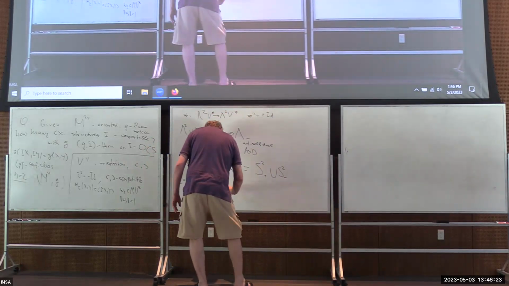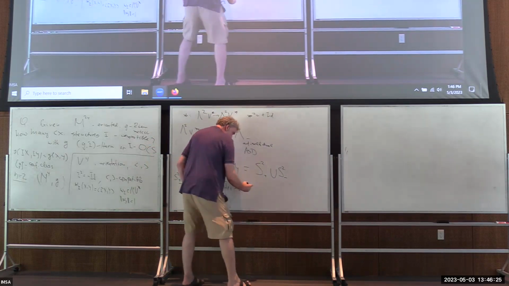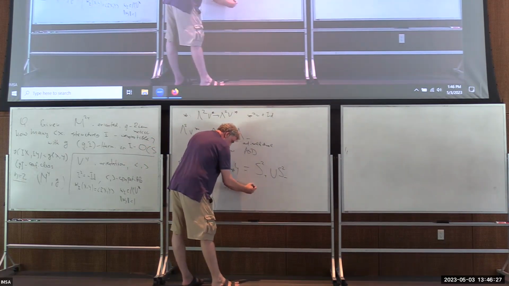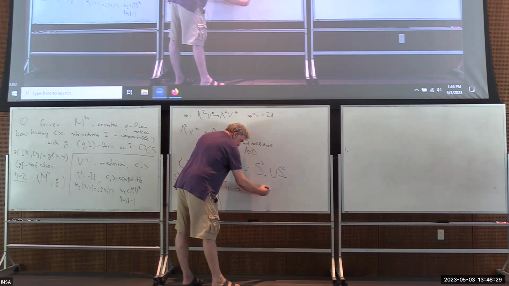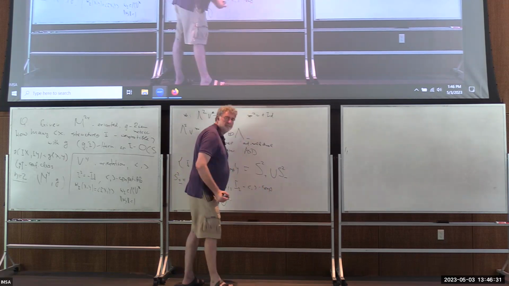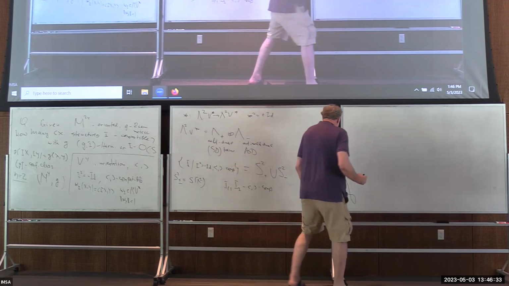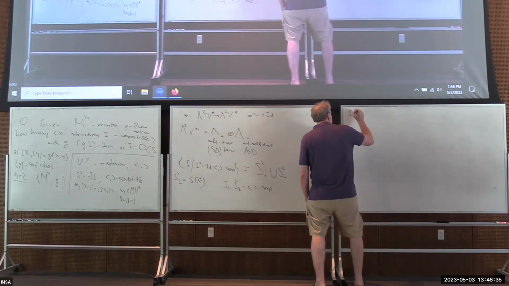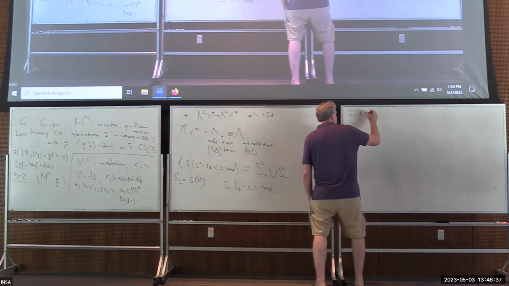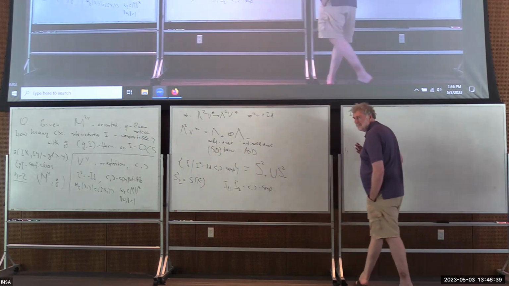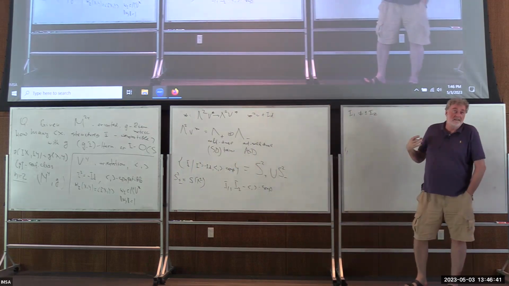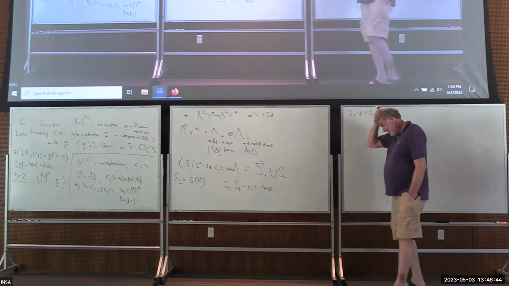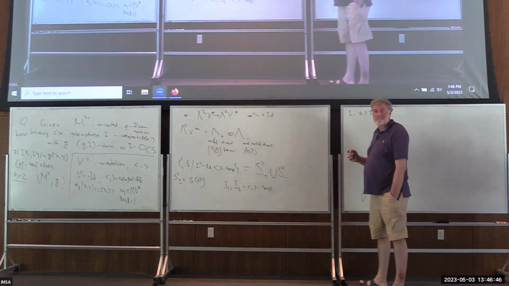So suppose that we have 2 compatible complex structures. And assume that they are not a cosine, because otherwise it's going to be trivial. Then we have the 2 options.